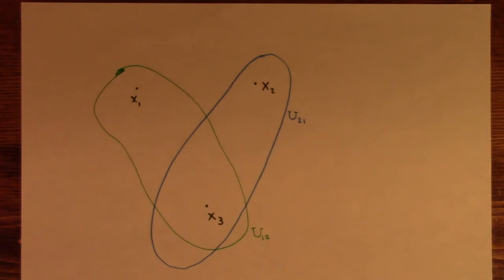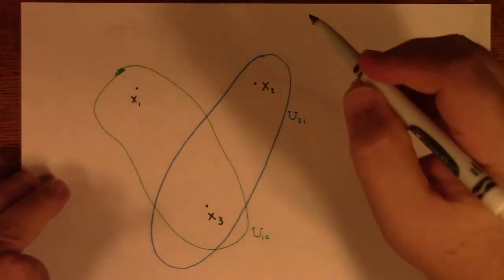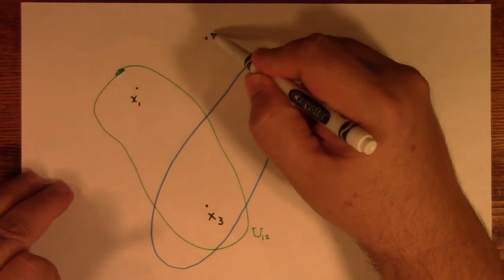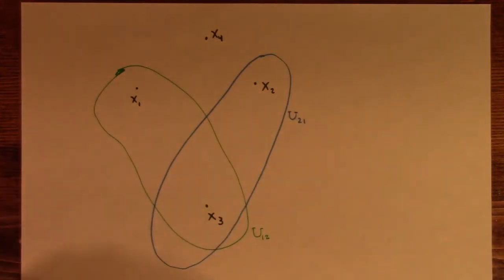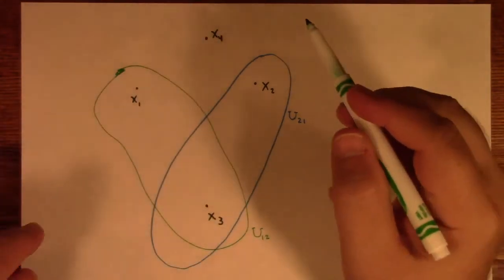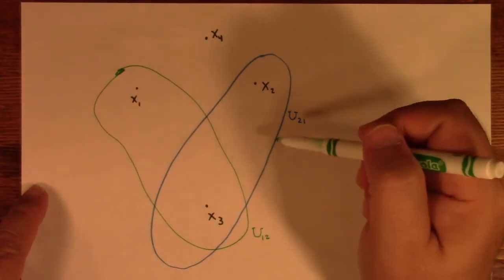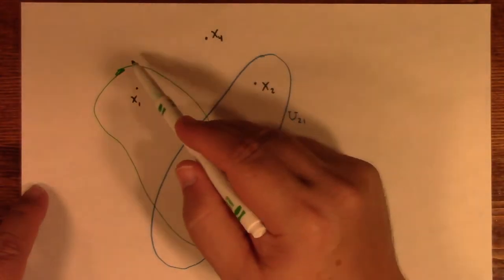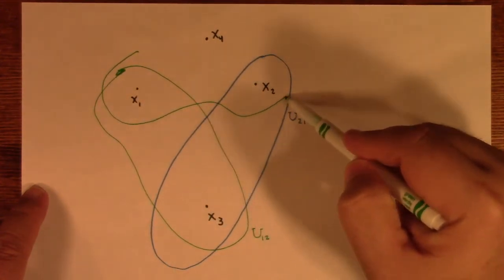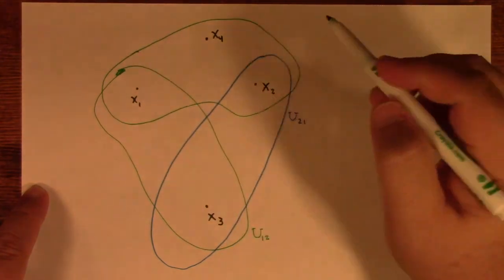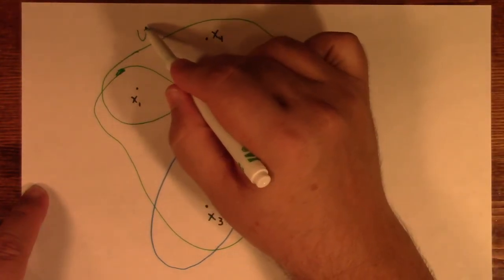Then let's see here. I guess if I'm foolish, I can add a 4th point. I'm going to regret this. X4. So I can also have a U13 like that. The key is it doesn't contain 3.